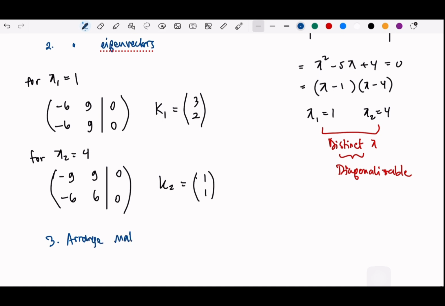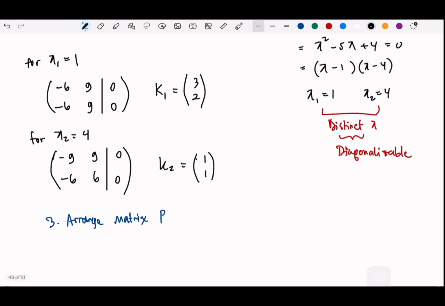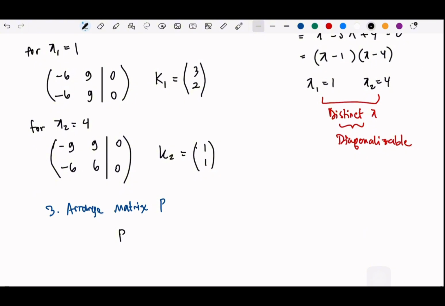the third part is to arrange matrix P. P will be the columns of eigenvector 1 and eigenvector 2. Notice that whenever you make changes, the arrangement may be different.